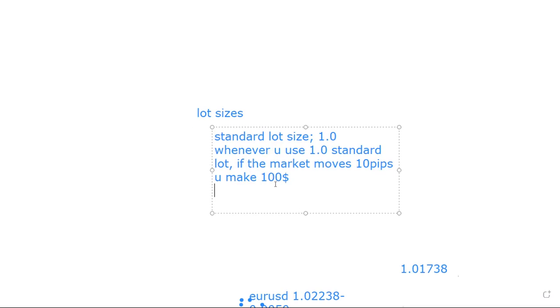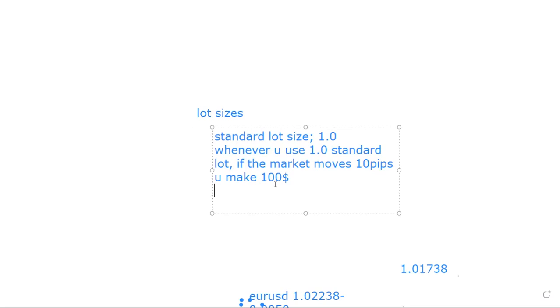By the time it's already 48, they will close it and the whole money is gone. So don't use this type of lot size on a $200 account, $500 account. It's not safe. If you want an account that this lot will work for, please let your balance be $10,000. From $10,000, you can use one lot size and you'll be fine.